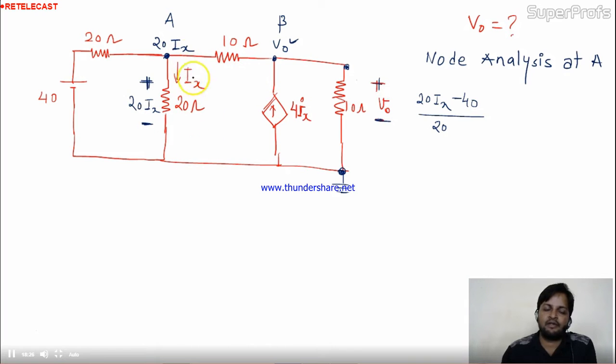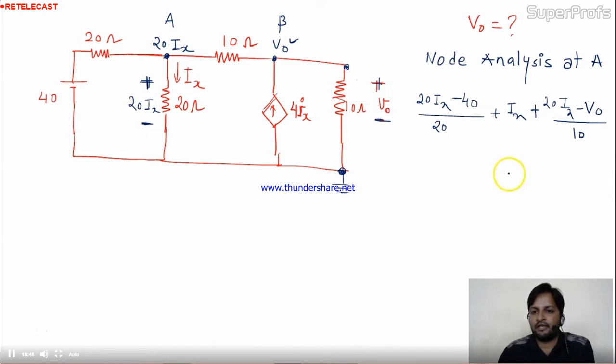What about this? Ix is outgoing current. Take it directly. You can take 20 Ix by 20, again you are getting Ix only. Now 20 Ix minus V0 divided by 10. Is there any other branch? No. 3 branches are connected at node A. So I'll be having 3 terms in one equation equal to 0.